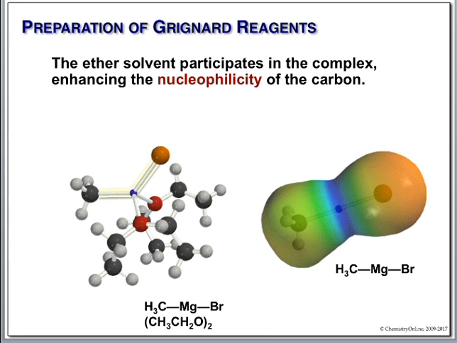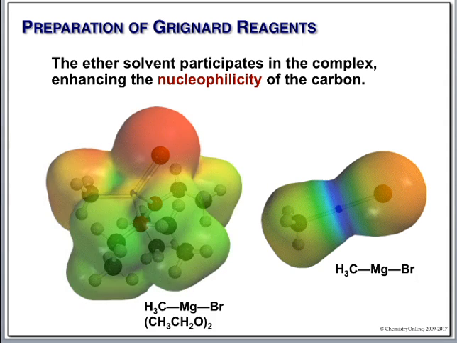If we do the electrostatic potential map on the complex here, look at our methyl group. It's so much more red than it is here. By chelating in these 2 moles of ether, this increases the electron density here a whole lot, and that's what makes the Grignard reaction work.